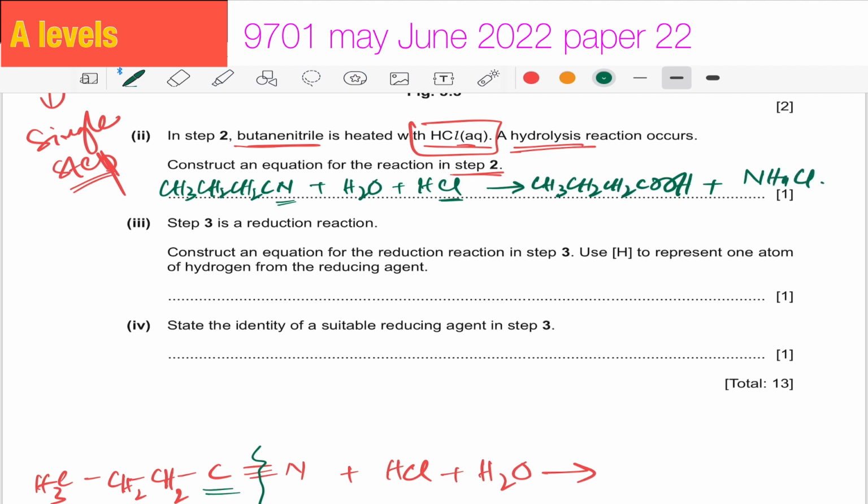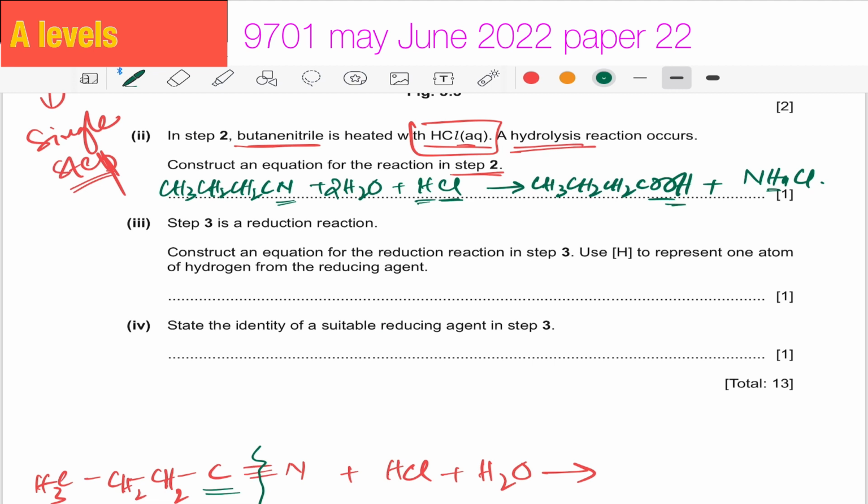Now finally we have to balance the reaction. So we have 4 plus 1 hydrogens, right? So 1 hydrogen with HCl, so we can write 2H2O. Now we have 2 oxygens on the reactant side and 2 oxygens on the product side. So now this equation is balanced.